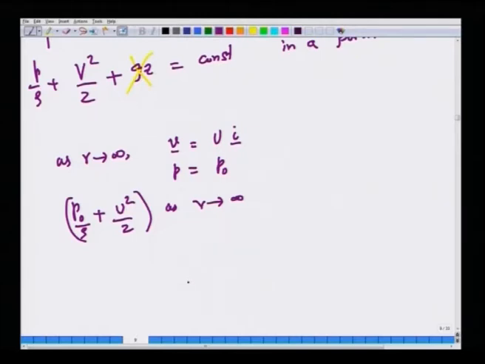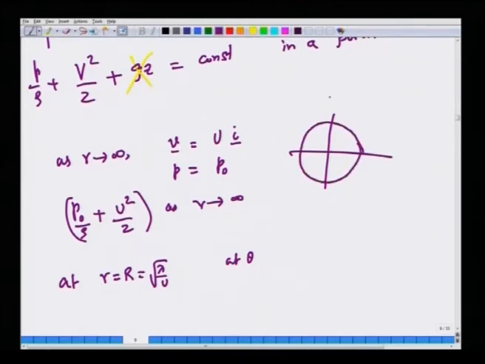Now, we want to calculate the force on the surface of the cylinder, of radius square root of lambda by u, due to pressure. Suppose you put a coordinate system, and this is theta.